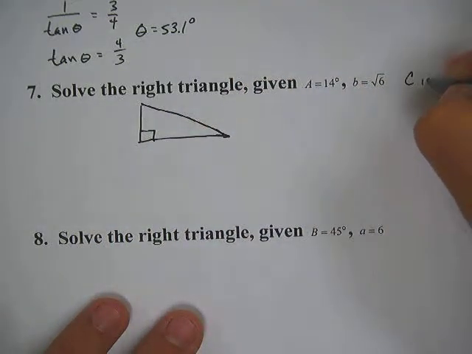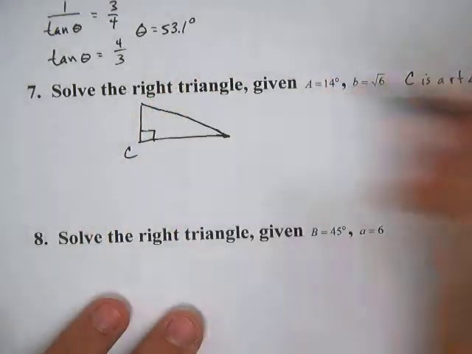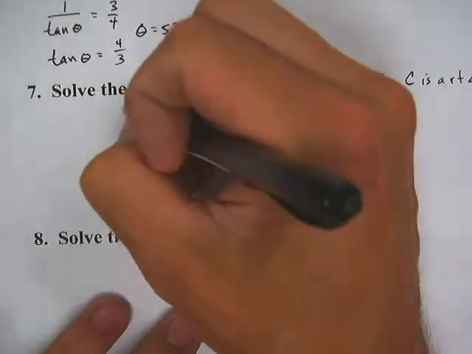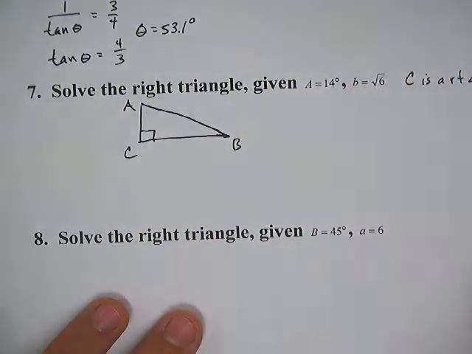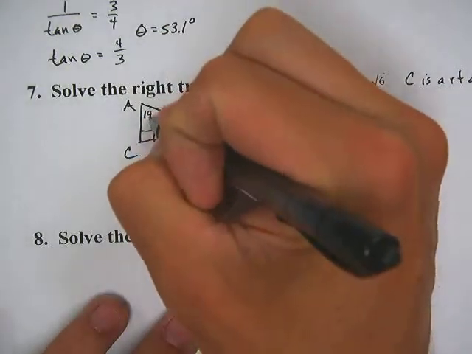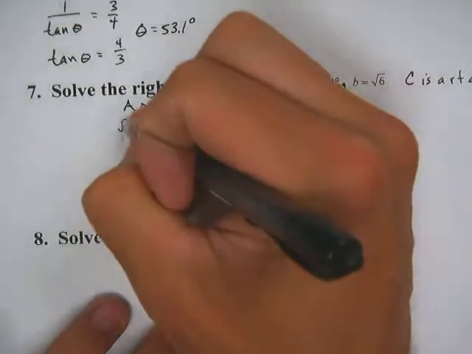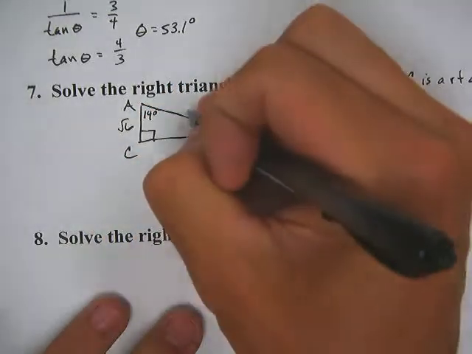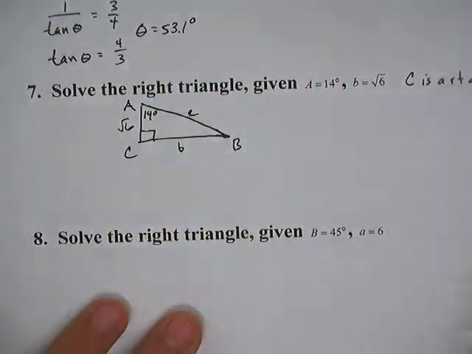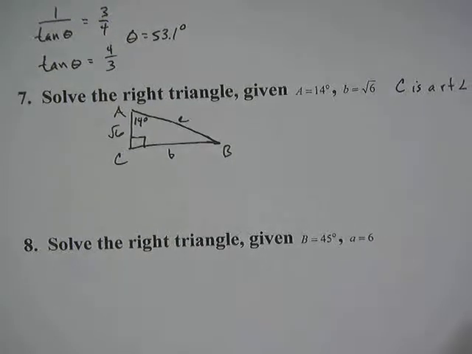So I am going to go through and try and figure out what could be the rest of the triangle. The one part that I am kind of missing here, and it's somewhat important, is I'm going to tell you that C is a right angle.